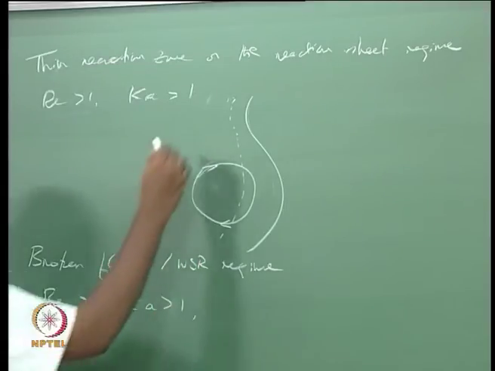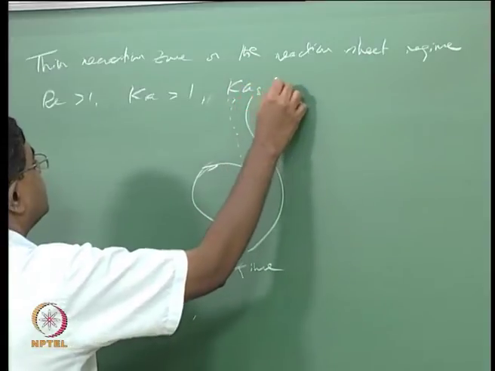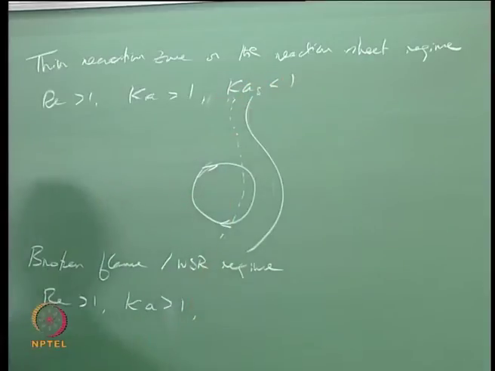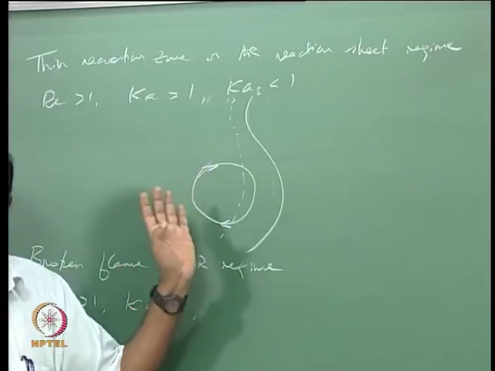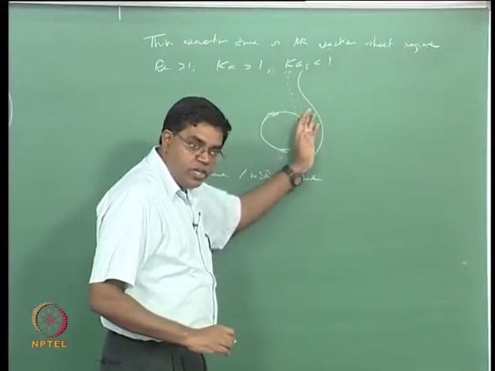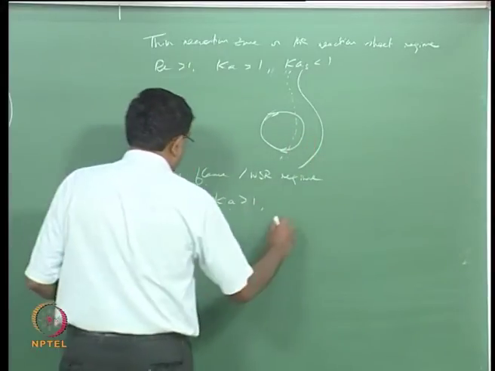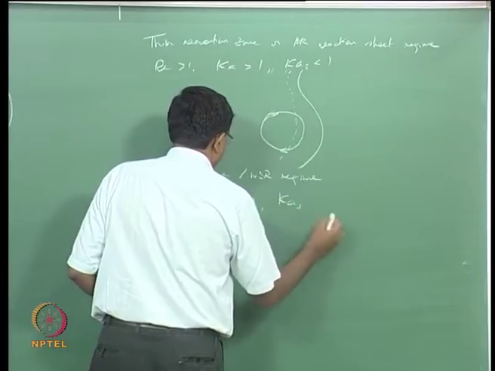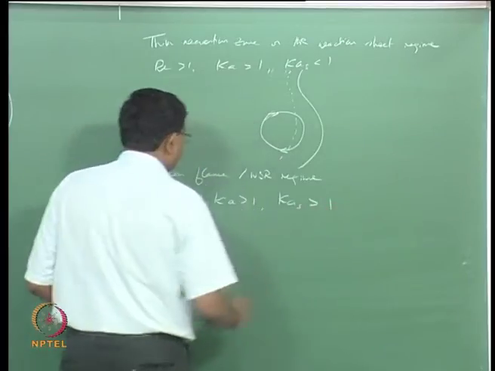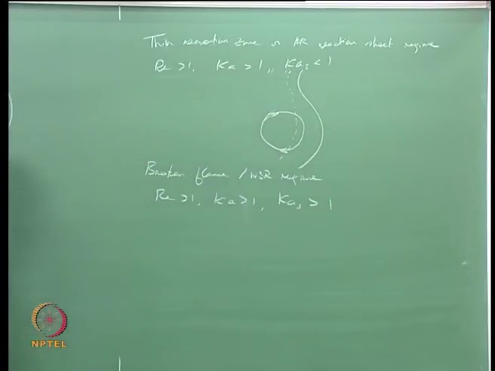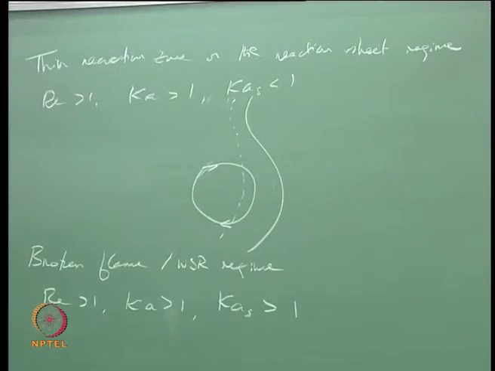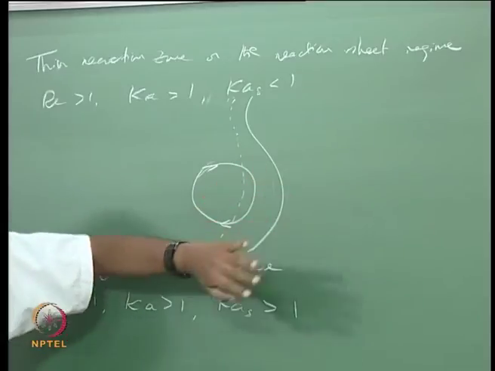We have to go back and point out that we still have Karlovitz delta less than 1 for the previous case. That means the eddy sizes are still not small enough to breach into the reaction zone, but that's no longer the case here. So here we have Karlovitz delta also greater than 1, right.